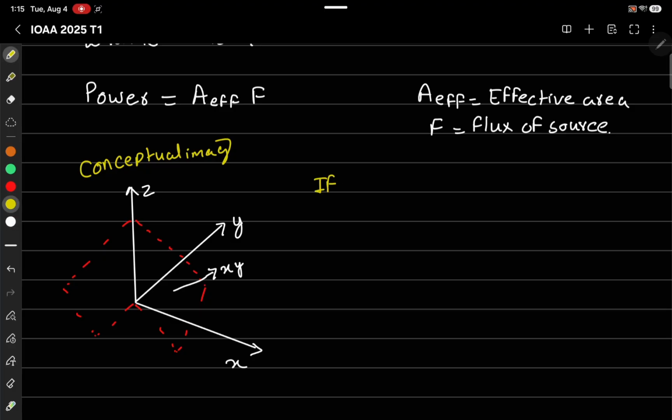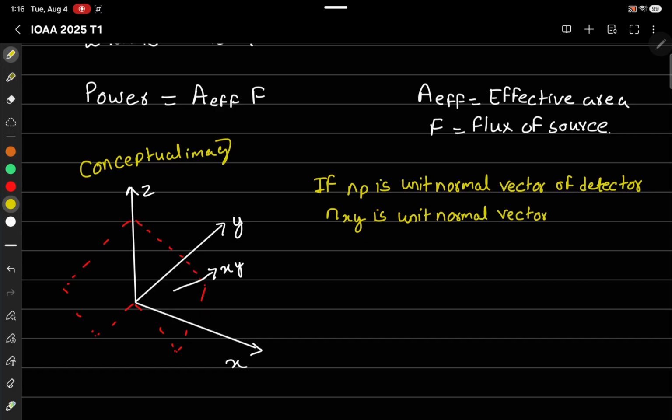If NP is the unit normal vector of the detector and nxy is the unit normal vector of the xy plane, then NP dot nxy equals 0.